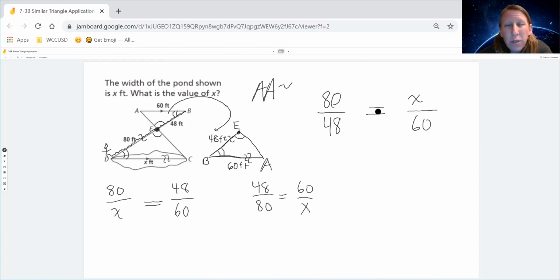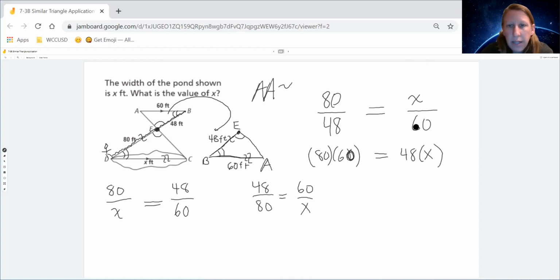And even though really the easiest way to do this problem is to divide 80 by 48 and then multiply by 60, because I want to multiply both sides by 60 and that'll tell me what x is. But since I'm kind of stuck in my ways, what I usually do to solve these problems is I do cross products. So I do 80 times 60. This is called cross products. You multiply both sides by 60, and then you multiply both sides by 48.